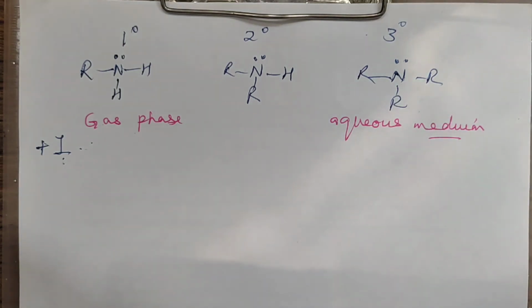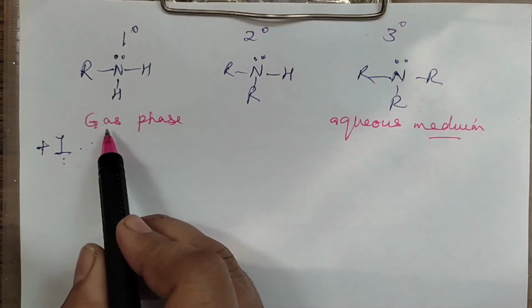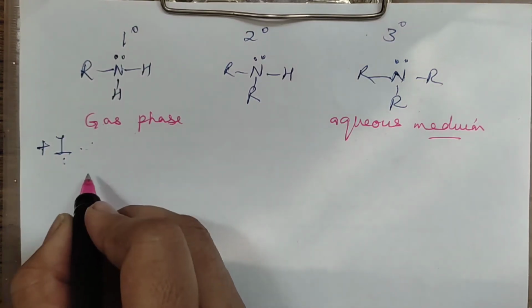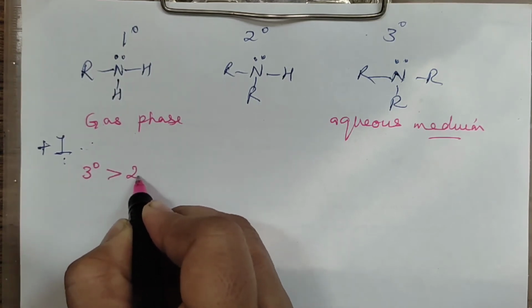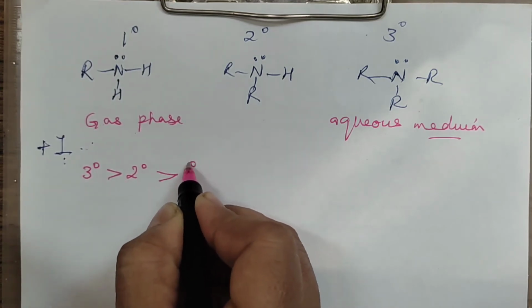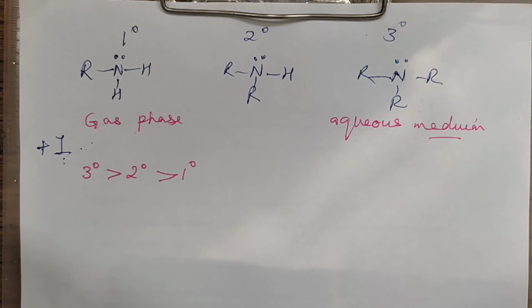So if that is the criterion in gas phase, we will say that 3 degree is most basic, then comes 2 degree, and then is 1 degree, if we are talking only about these 3 types of amines. There are 2 more effects we have to discuss.